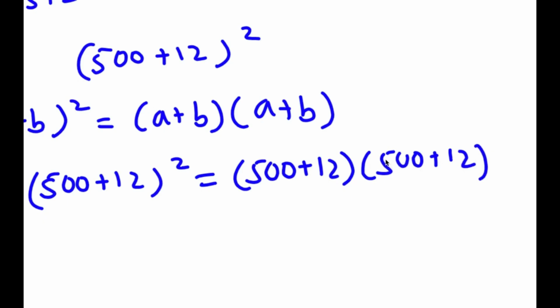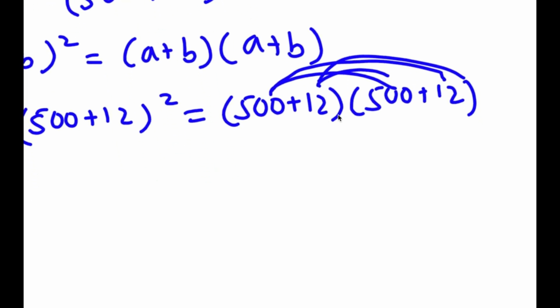Now to solve this, we are going to multiply and we're going to distribute. So let's first start with 12. We're going to do 12 times 500 plus 12 times 12. And then with 500, I'm going to do 500 times 500 plus 500 times 12.